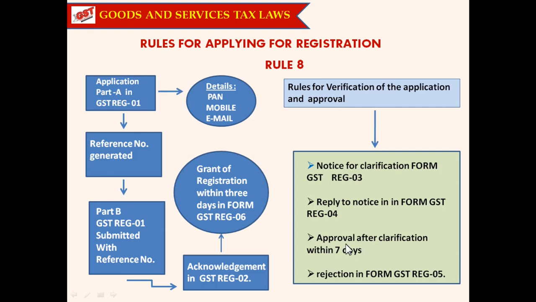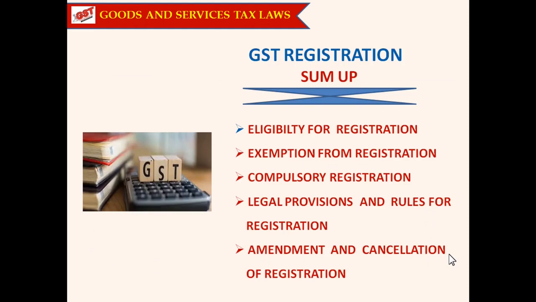Thereafter, the approval will be given after your clarification within 7 days. If there is any rejection, the rejection order will be given in form GST REG 05. These are the procedures for applying for registration under Rule 8.